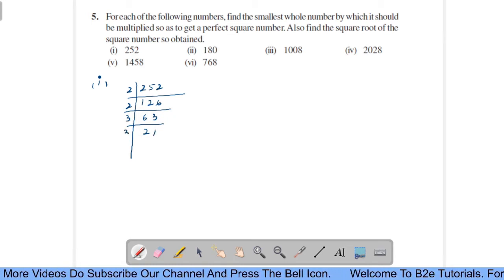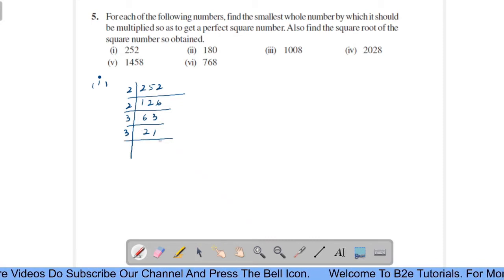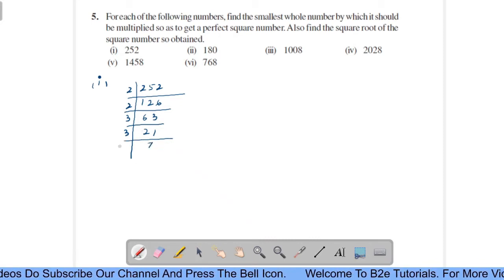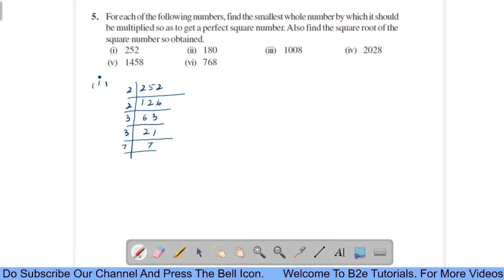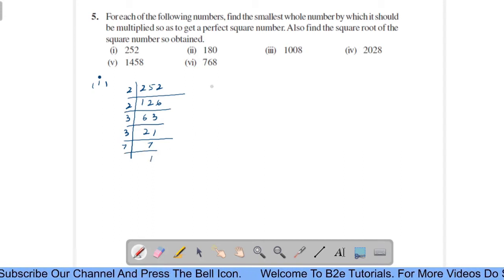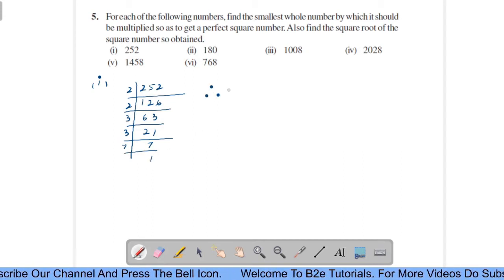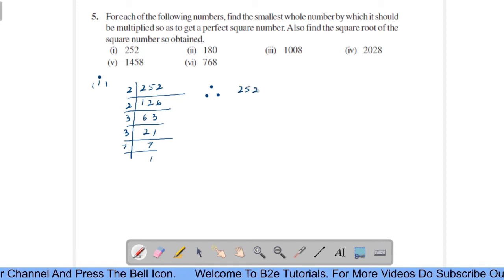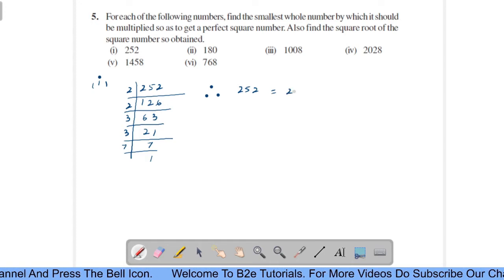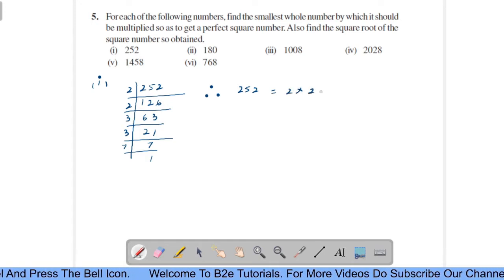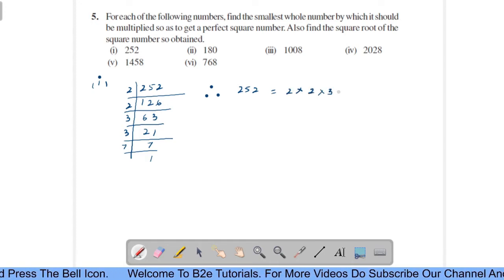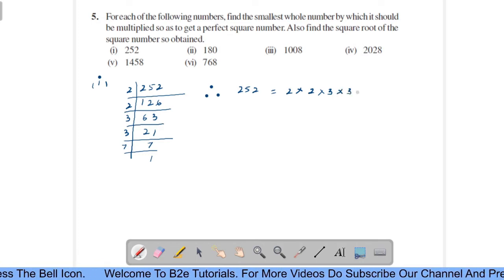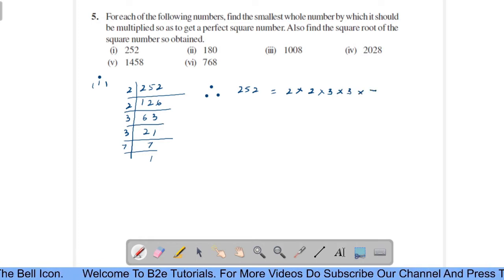Again by 3, it is 3 7 ja 21. Again by 7, 1. Therefore 252 can be written as 2 into 2 into 3 into 3 into 7.